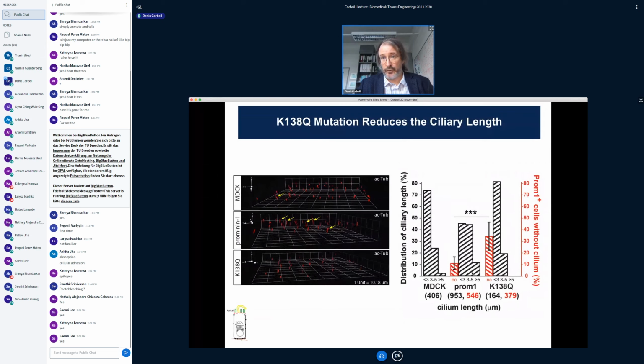They are becoming longer. When now we express the mutant, we totally lose this capacity to make longer cilium. And not only do we lose this capacity, but we have more and more cells without cilium. Some are smaller, and many cells don't have cilium any longer.